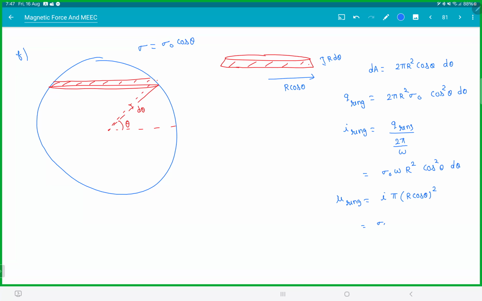This would be sigma naught omega pi r power 4 cos power 4 theta d theta. So mu of this sphere, I changed the question. I'm doing a non-uniform sphere.